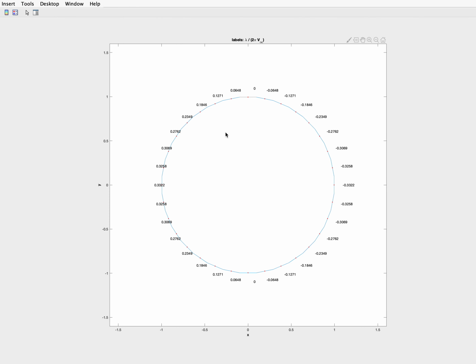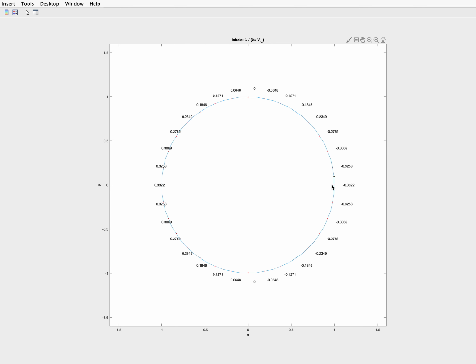We can label them, and you can see that the panels on the front are all sources because they are positive, and the top and bottom panels at theta equals 0, pi over 2 and -pi over 2 have a strength of 0, and then the panels that are downstream are actually sinks, so they're all negative in magnitude.